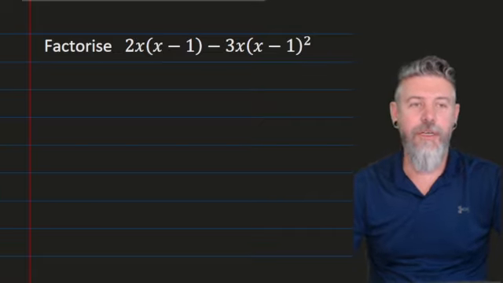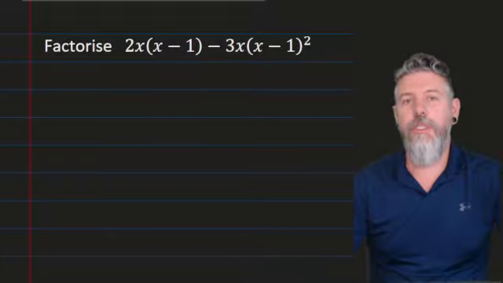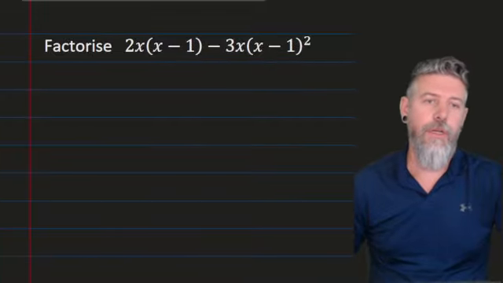I'm John Hepworth, and this one today again goes out to the Year 11 Advanced students who've just started off their year, who are most likely working in the topic of algebraic techniques.